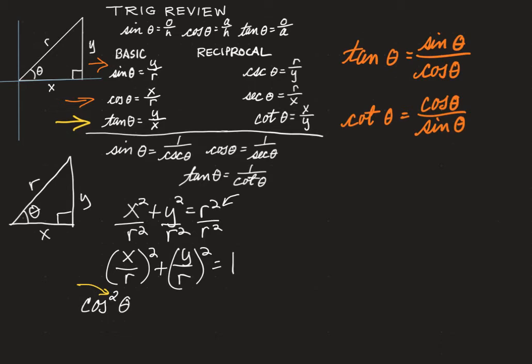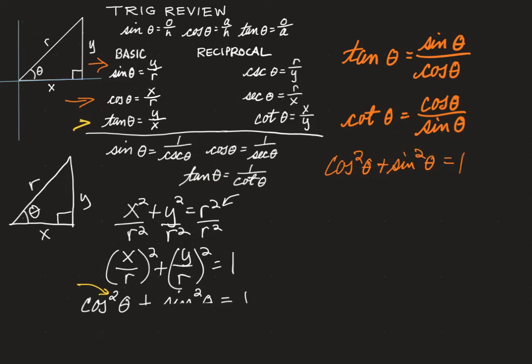Okay, I'm afraid it's something you'll have to get used to because that's pretty standard. And then we have the sine squared of theta equals 1, which is another identity. So let's put it up here. Cosine squared of theta plus sine squared of theta equals 1.